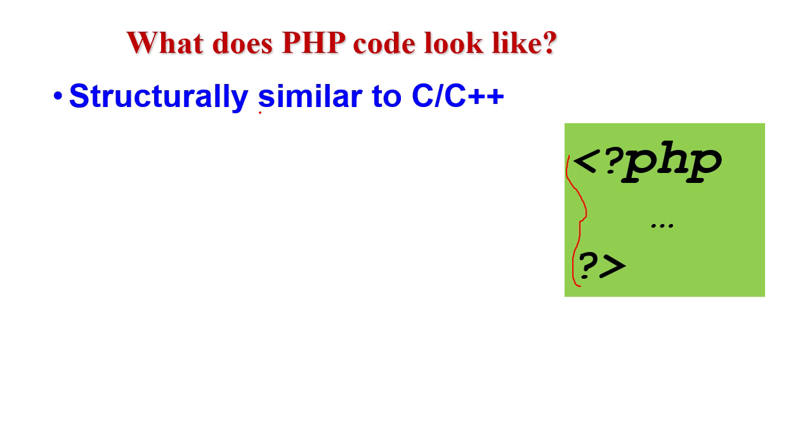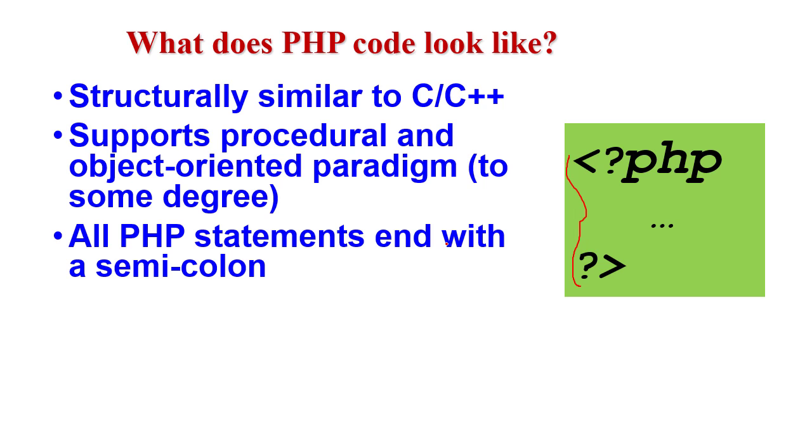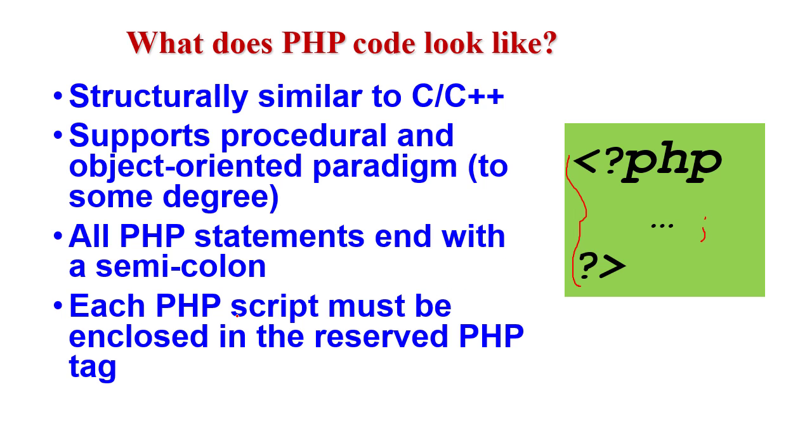Structurally it is very similar to C or C++ language. It supports procedural and object-oriented paradigms. All PHP statements end with a semicolon, and each PHP script must be enclosed in the reserved PHP tags.